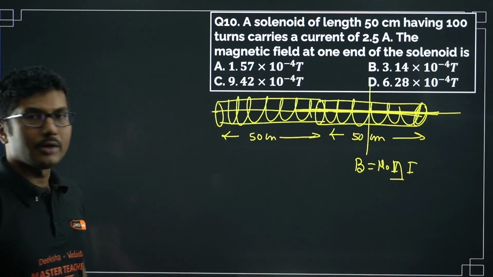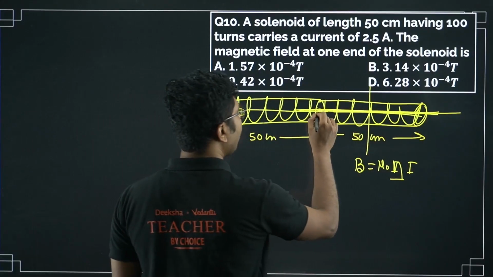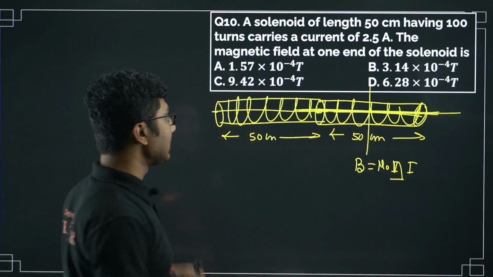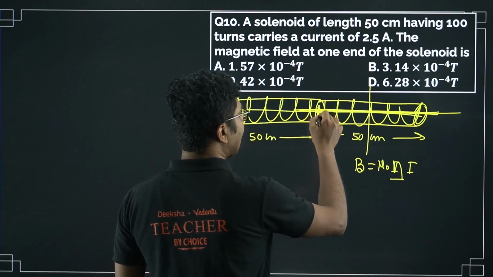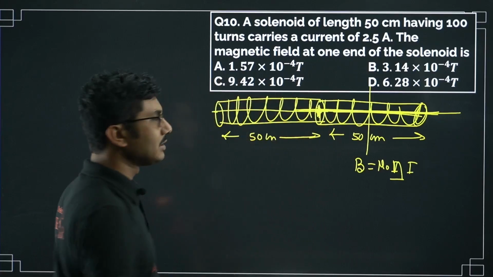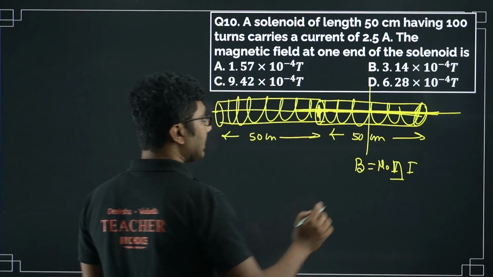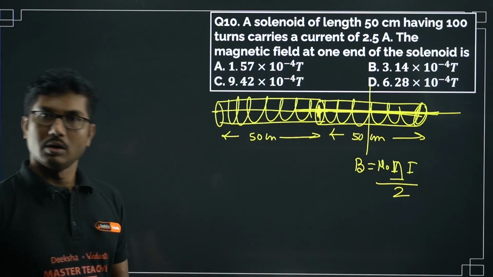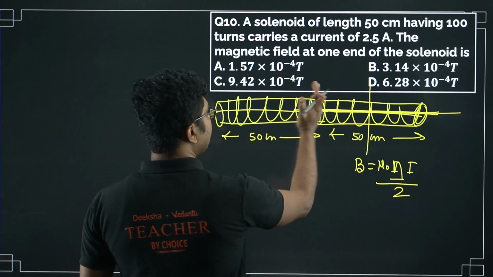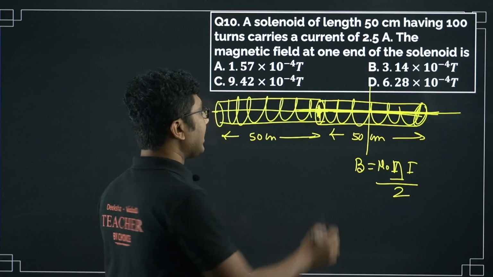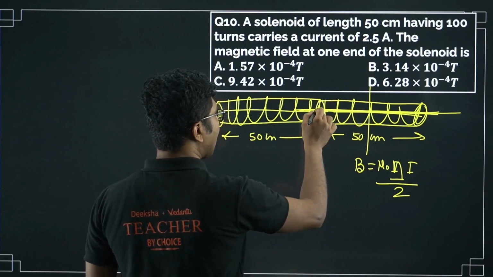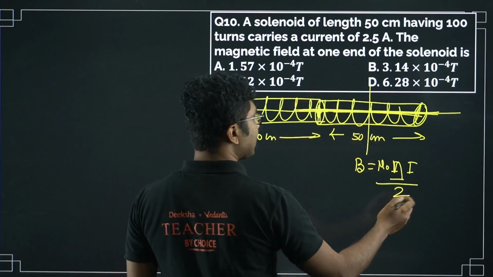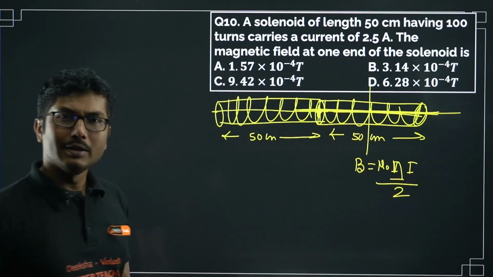So basically this is how you can say what the magnetic field is over here. If you consider these two, this is a complete single solenoid, the magnetic field you can calculate. Now this part is missing, so it will be basically whatever we have calculated divided by 2, right? We have imagined this part to calculate the constant magnetic field mu naught n I. So on the end it's basically mu naught n I by 2.